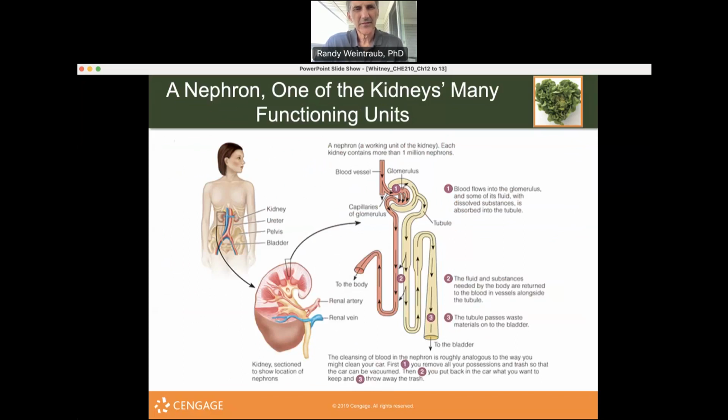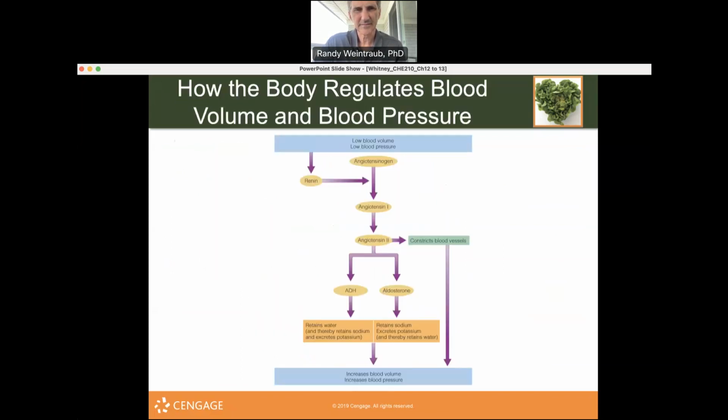Here is a cartoon of the functioning at the level of the nephron. There are more than 1 million nephrons in the kidney, and they each operate to maintain homeostasis of fluids and electrolytes. Here's that sequence of hormones, starting with the trigger of blood pressure and blood volume.